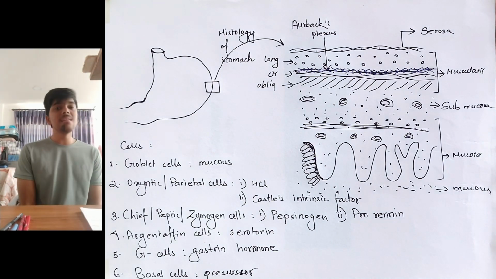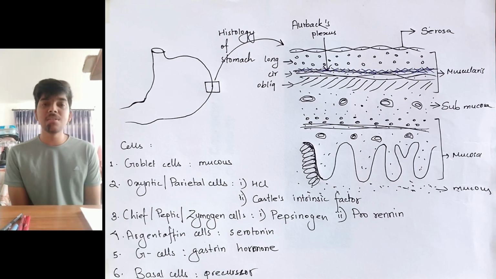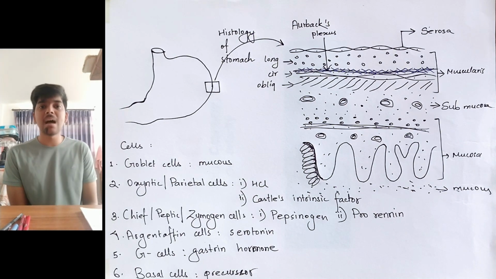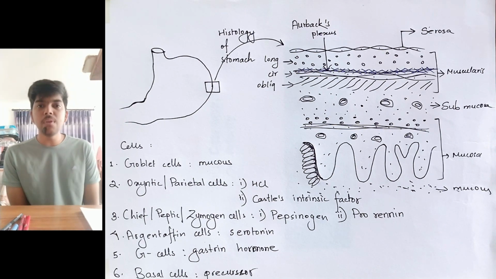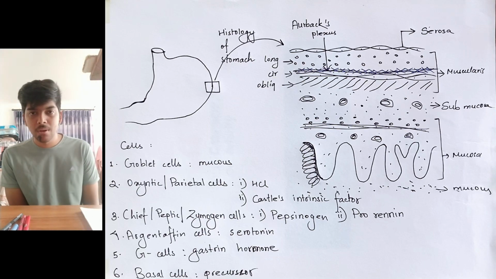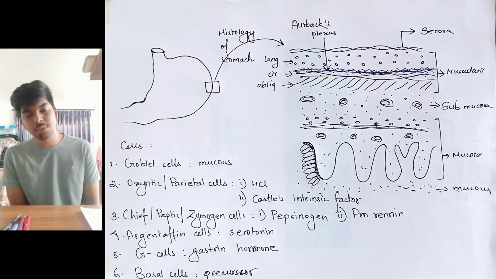Oxyntic or parietal cells secrete hydrochloric acid. Hydrochloric acid has three major functions. Number one, to maintain acidic pH inside the stomach for the digestion of protein. Number two, to kill any type of germs or pathogens that have entered inside the stomach. And number three, to convert inactive pepsinogen into active pepsin, or inactive proteolytic enzymes into active proteolytic enzymes.